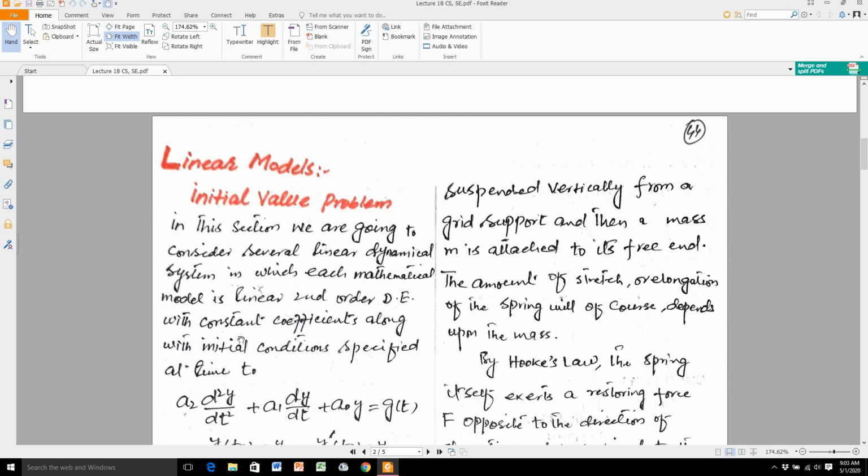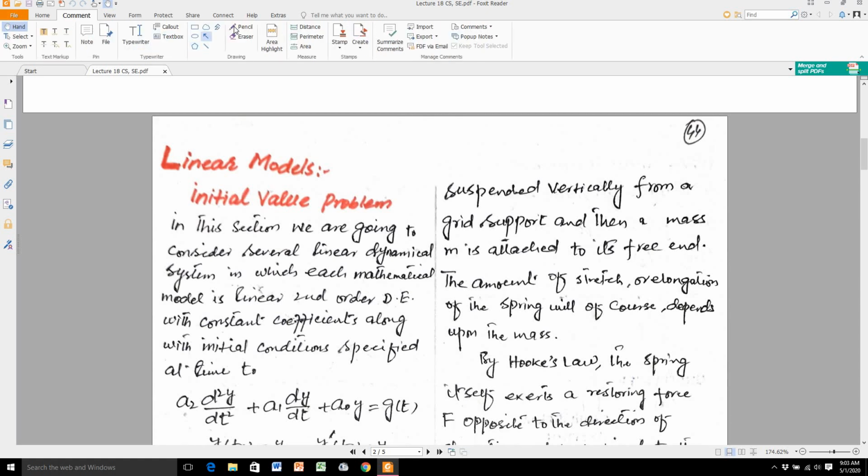That is the first topic that we have studied in higher differential equations, along with initial conditions specified at time t naught.